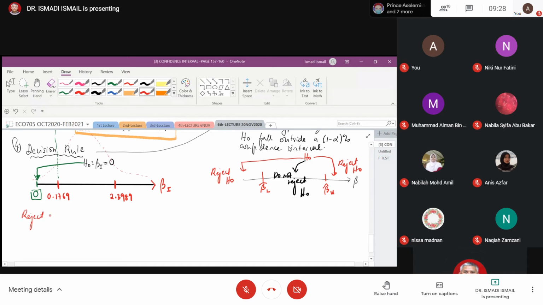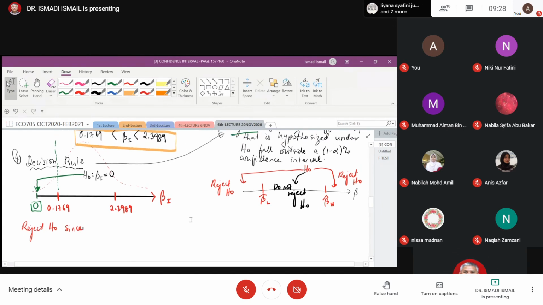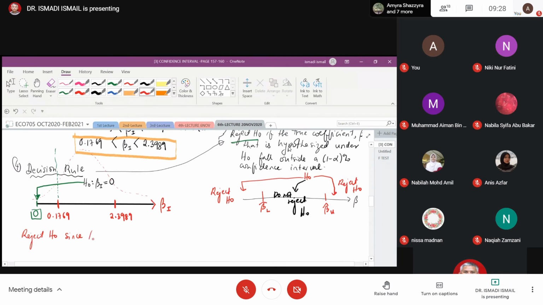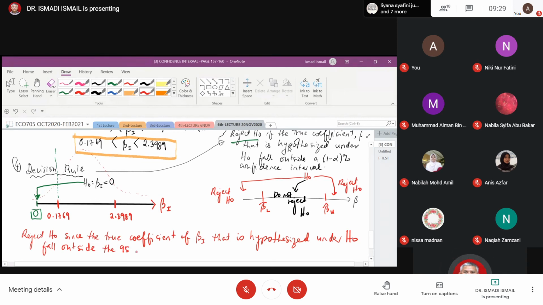So in this case, reject null hypothesis since the true coefficient of beta I that is hypothesized under H0 falls outside the 95% confidence interval.